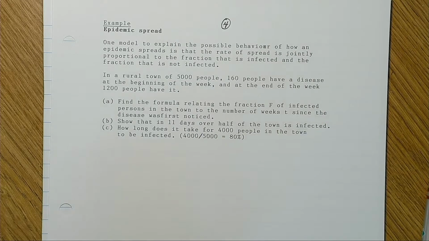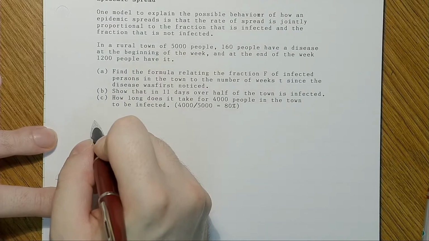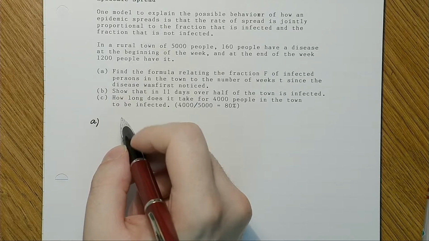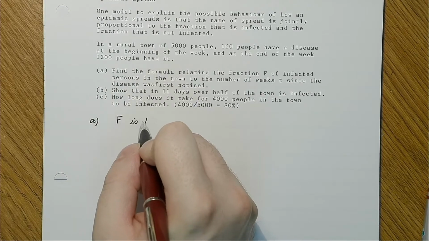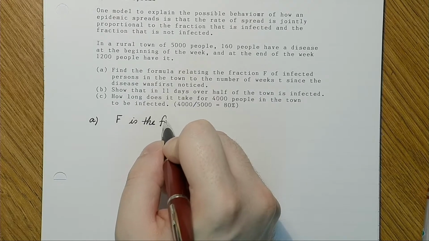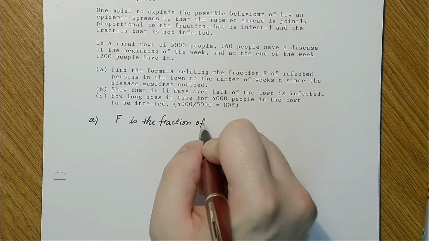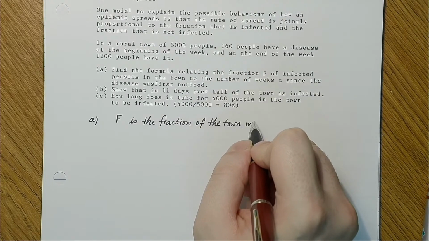So we'll start out, and I'll just define my variables. I'll say that f is the fraction of the town with the disease.